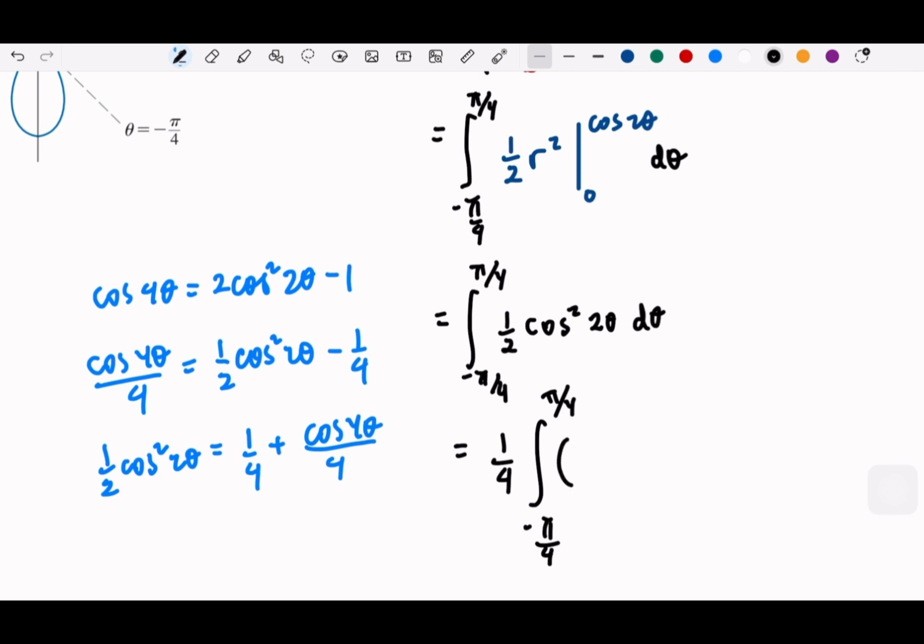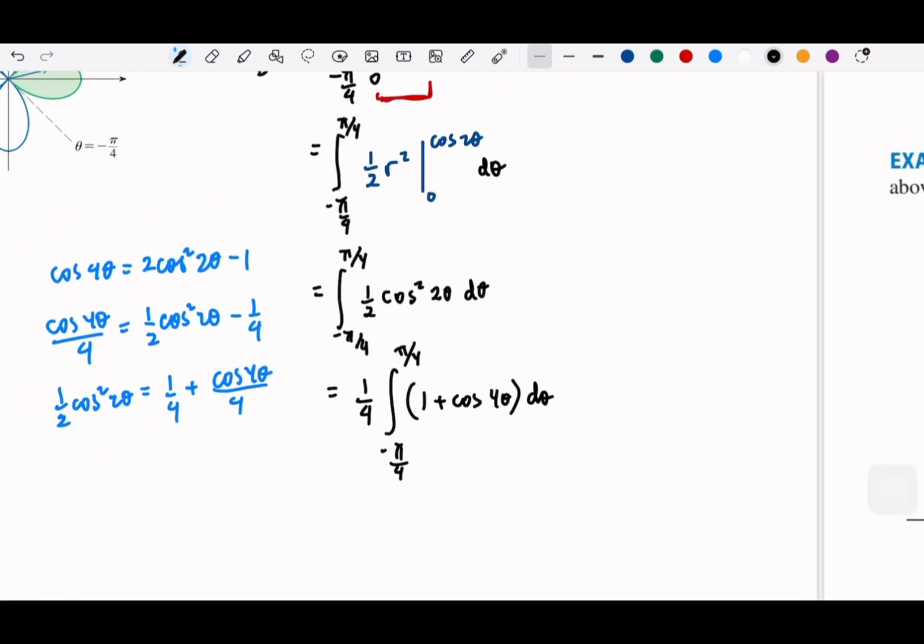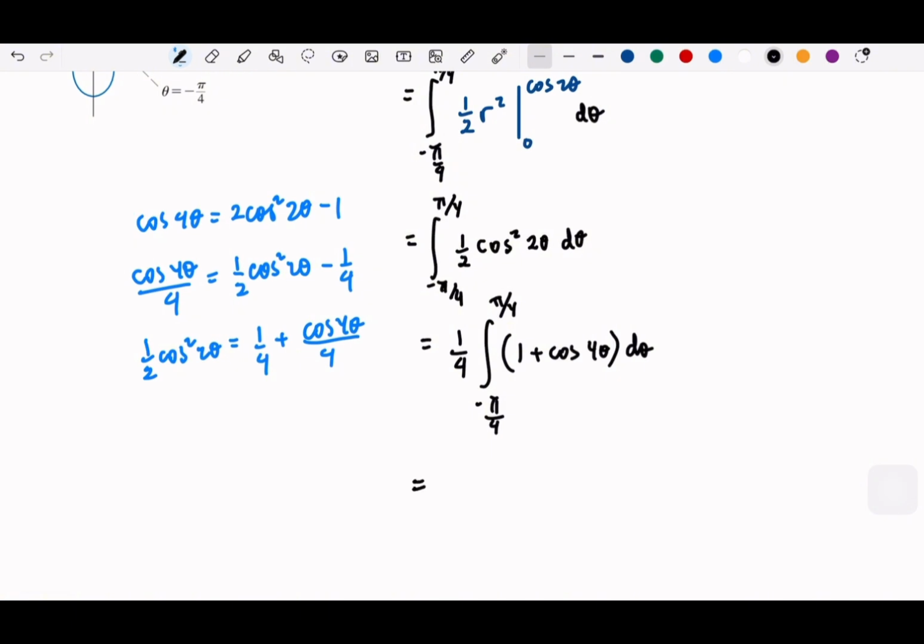And then this will be 1 plus cosine 4 theta d theta, right? And then let's complete this. It becomes 1 over 4 times theta plus sine 4 theta divided by 4.